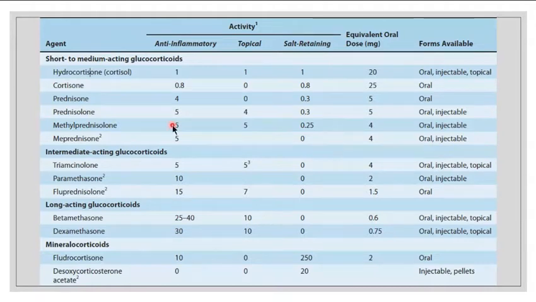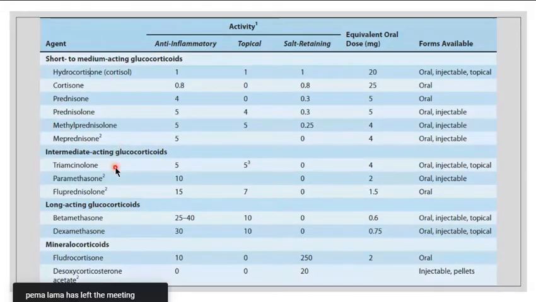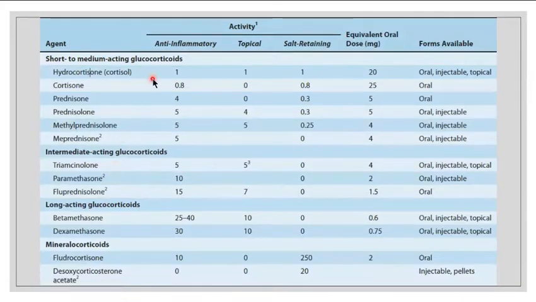Now on the top you have the least potent corticosteroids like hydrocortisone. As you move downwards, you will find that the strength of corticosteroids increases, mostly the anti-inflammatory action. Triamcinolone, paramethasone, fluprednisolone are more potent, whereas betamethasone and dexamethasone are very potent.